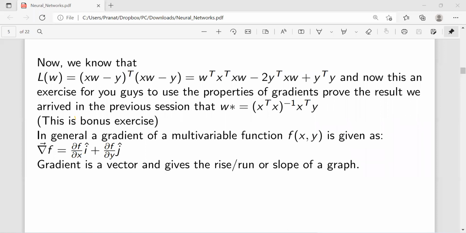If f is a function of x, a single variable, the derivative provides us the slope easily, right? If f is a function of more than one variable, x, y, or let's say z, then the gradient provides you with the slope, which is a vector quantity. Gradient gives you the steepest ascent.